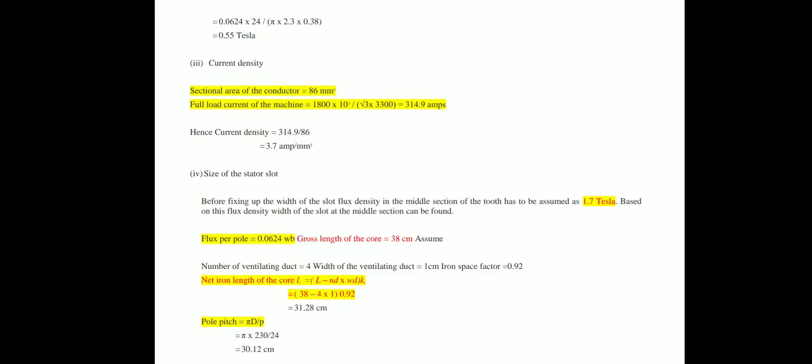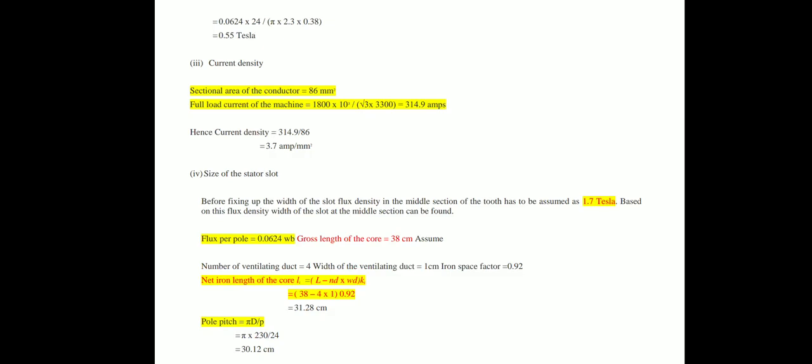N_s is equal to 250 RPM given to you. P is equal to number of poles given to you, 24. So B_av is equal to phi upon pi D L upon P. Put all the values given to you and calculate, you will get 0.55 Tesla.